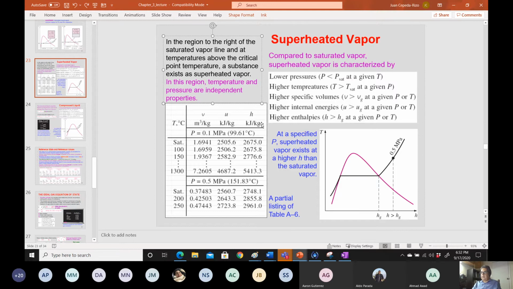So for superheated, let's see if there's an example in the book. Just give me a second. Let's go ahead and look at it, and let's see if I can do an example.